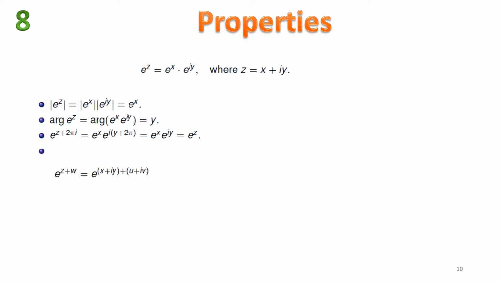Now, let us try and understand e to the z plus w. So obviously, by laws of indices, we can separate these two quantities. Before doing that, we shall write e to the z plus w is equal to e to the x plus iy plus u plus iv. So here z we have replaced by x plus iy and w by u plus iv.